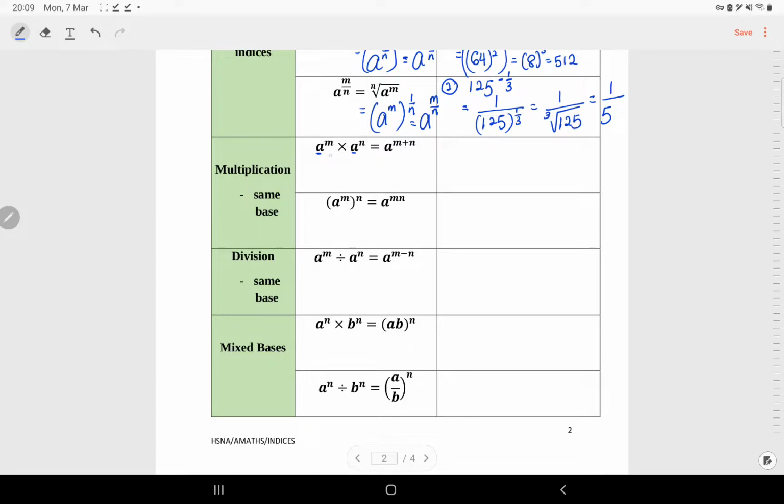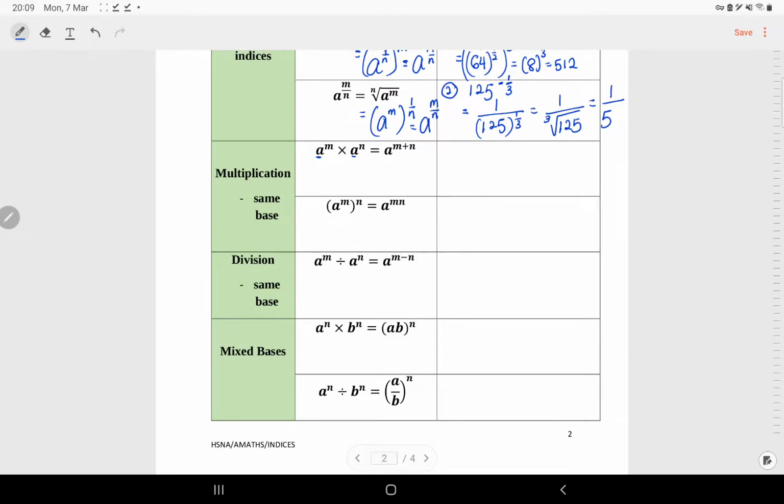Always remember that when you have indices of the same base and its multiplication, you add the powers.